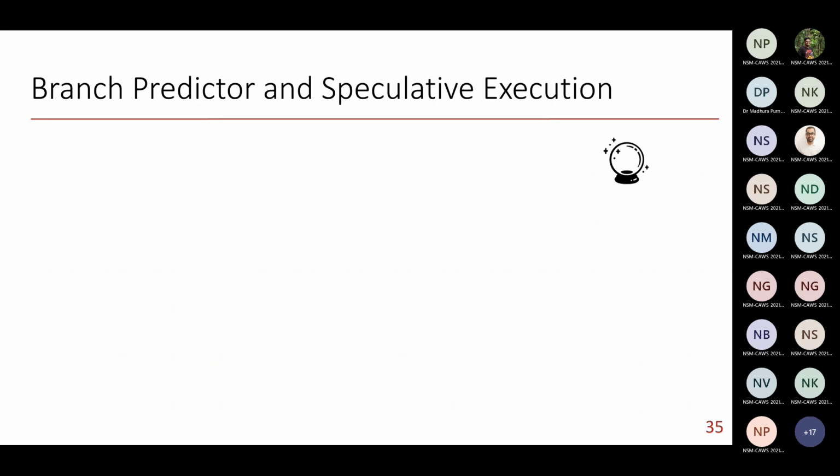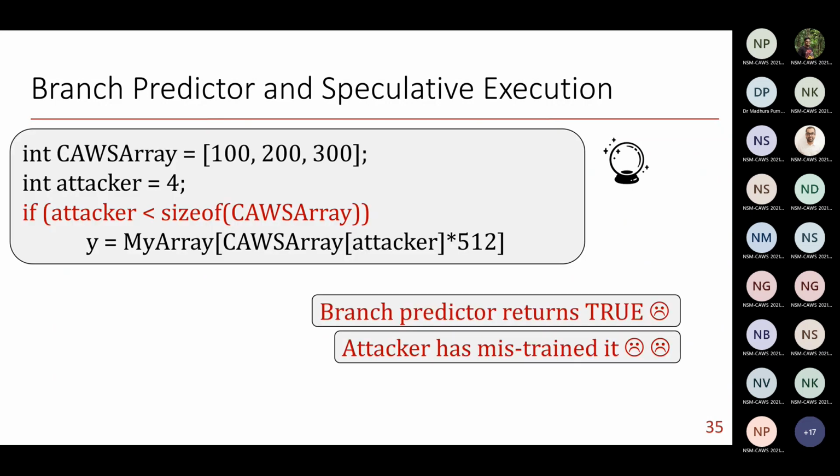The branch predictor should have said, no, this condition is false, right? The branch predictor says true because the attacker has actually mistrained the branch predictor. How? By sending request or by already using code where the value of attacker is always less than 3, right? So because of that, the branch predictor has trained itself in the form of true all the time.